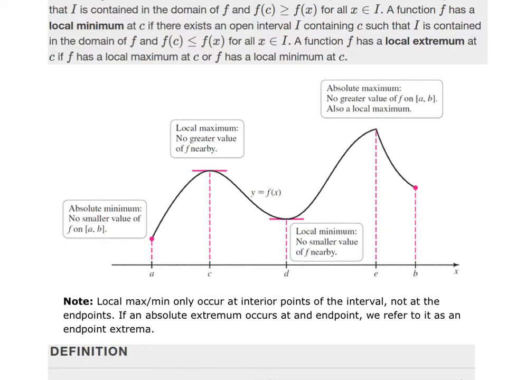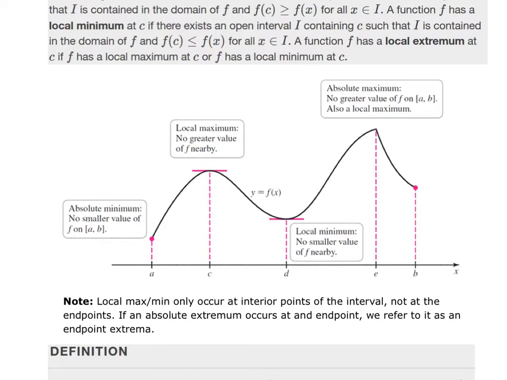I have a local at C, I have a local at D, and I have an absolute at C, and then I don't have anything happening at B, because it is not the lowest nor is it the highest at B. So my local maxima and minimas, and this is important, can only happen on an interior point. It does not include the endpoints. If the absolutes happen at the endpoints, we call them endpoint extrema.